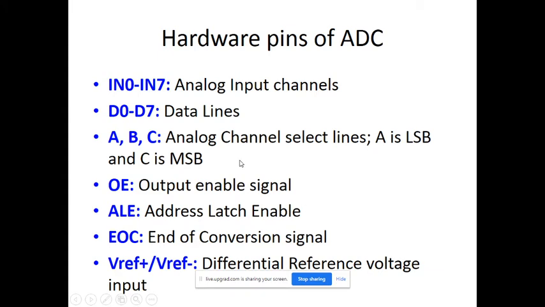Then ABC, 3 analog channel selection lines. Then OE output enable signal, ALE address latch enable. Then the next one is the end of conversion signal. The next one is the reference voltage, positive reference and negative reference. According to that, the ADC will convert analog data into digital.